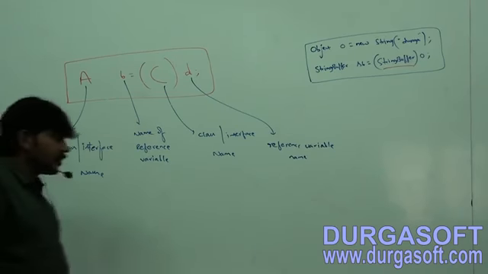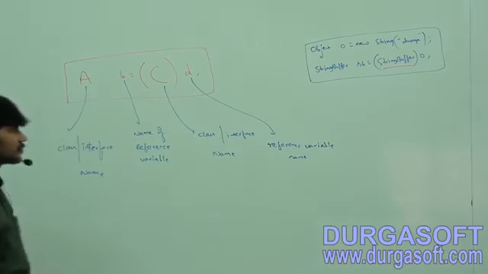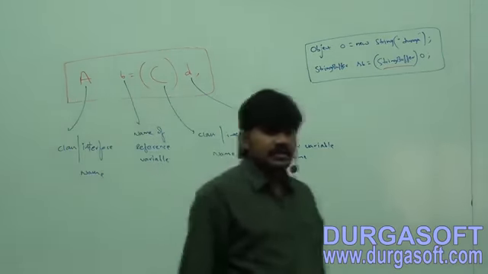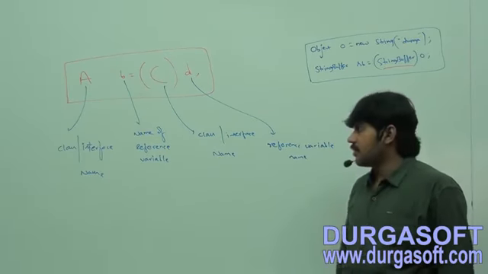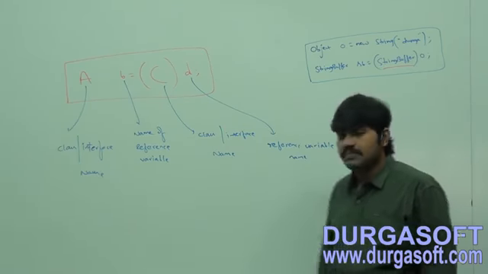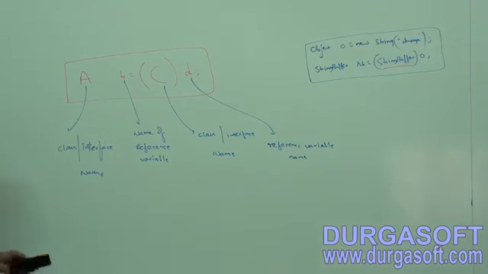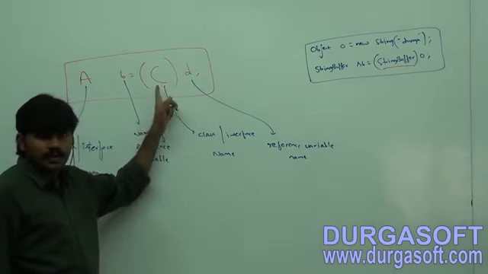D itself is a reference variable name. I hope it is clear, right? Class or interface name, reference variable name, class or interface name, reference variable name. Clear, I hope, up to this.